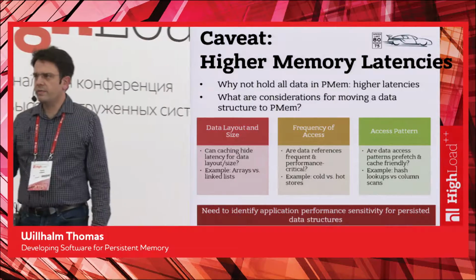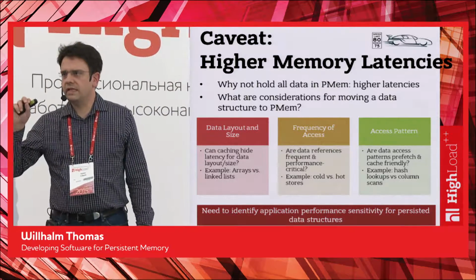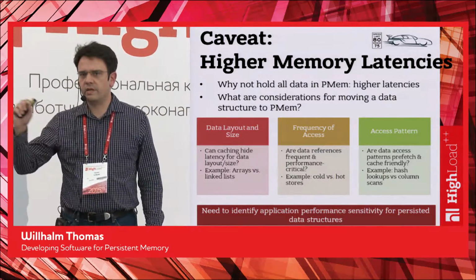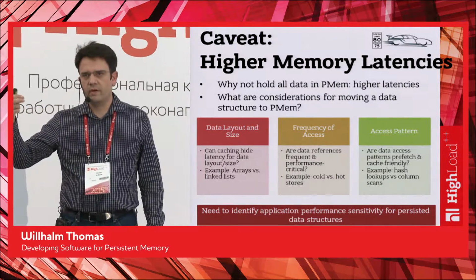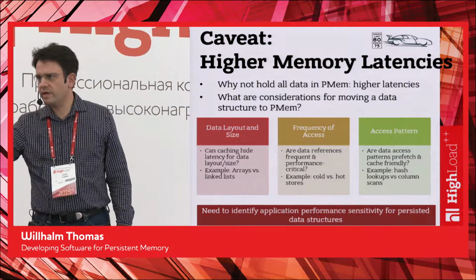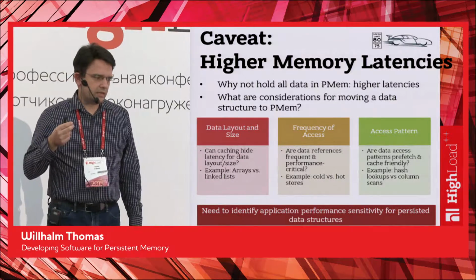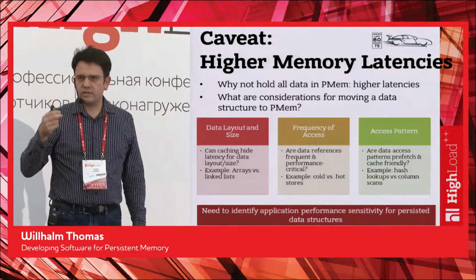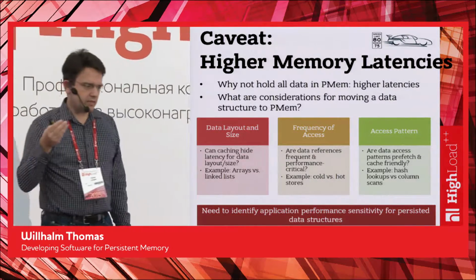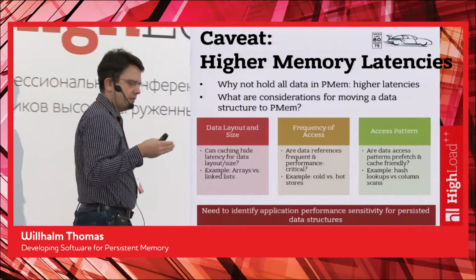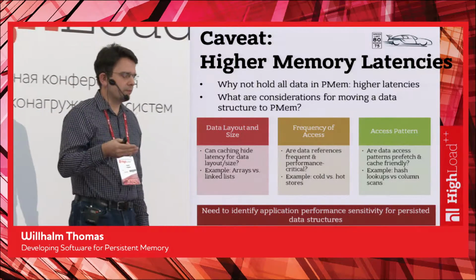I already mentioned that the latency of this memory, so the time it takes to get this memory into our CPU, is somewhat larger. It's still in the same order of magnitude, but it's larger than just using DRAM.